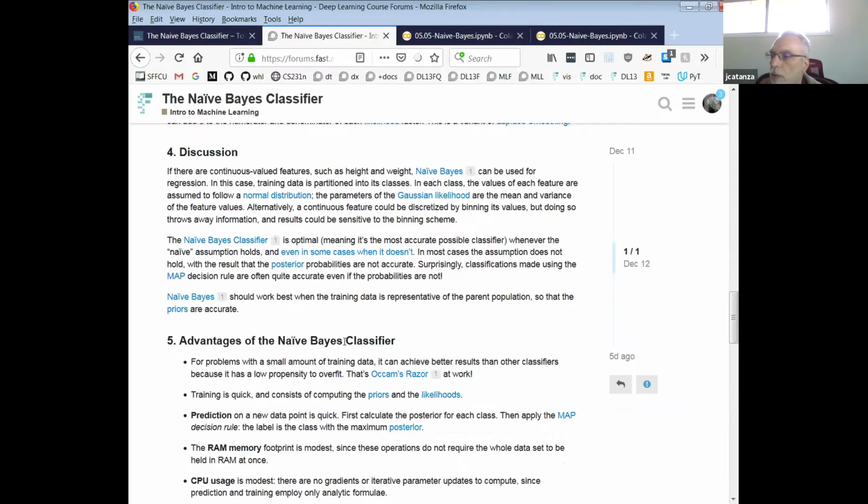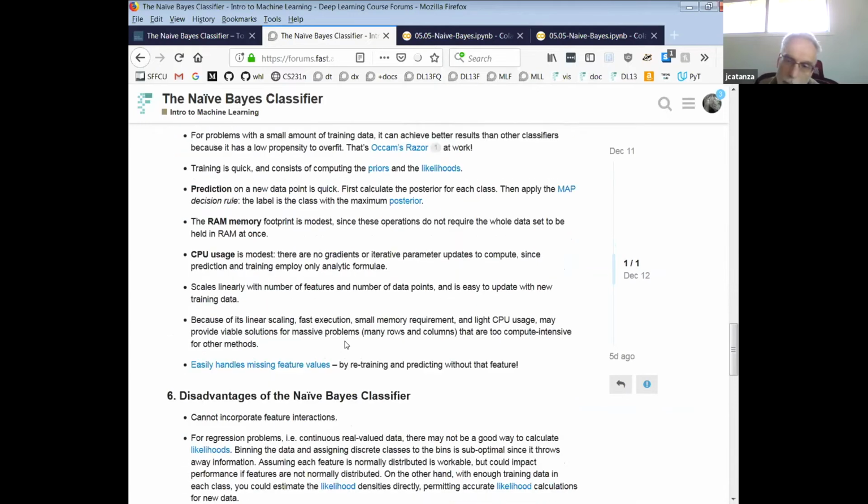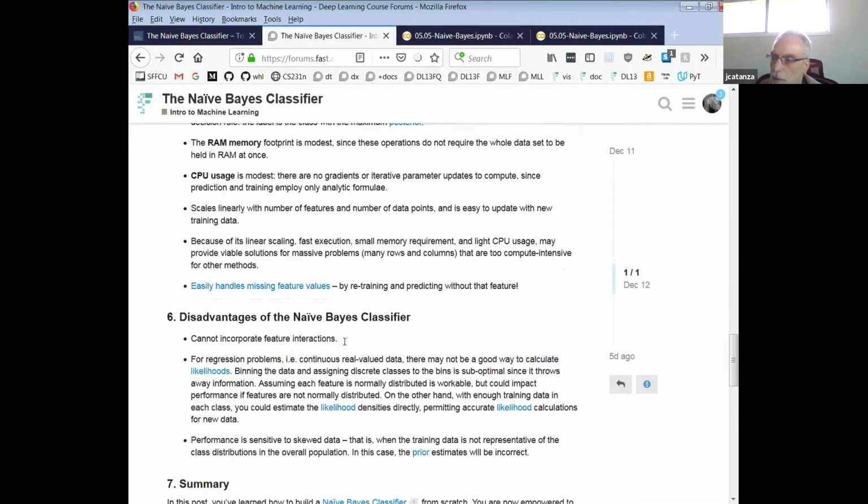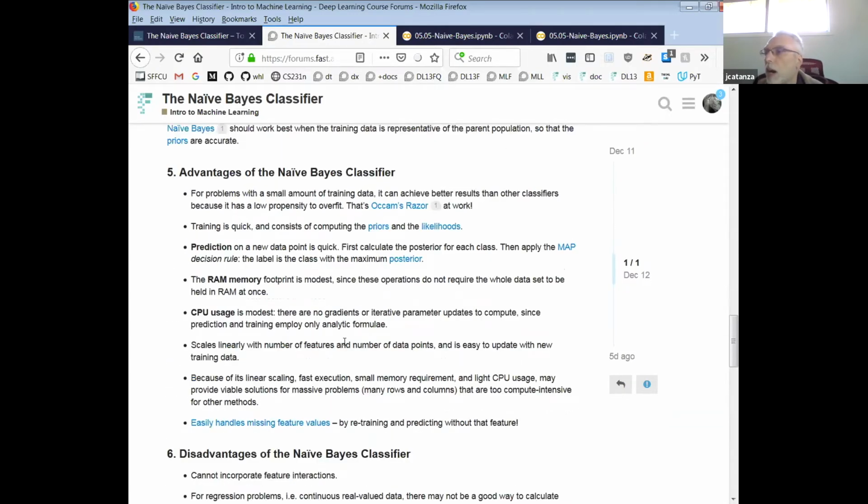So what are its advantages? I was trying to compare its advantages and disadvantages, and I found there's a lot of advantages. Mostly people have used it in the beginning for problems where you don't have a lot of training data, because it's found that it can generally achieve better results than other classifiers.